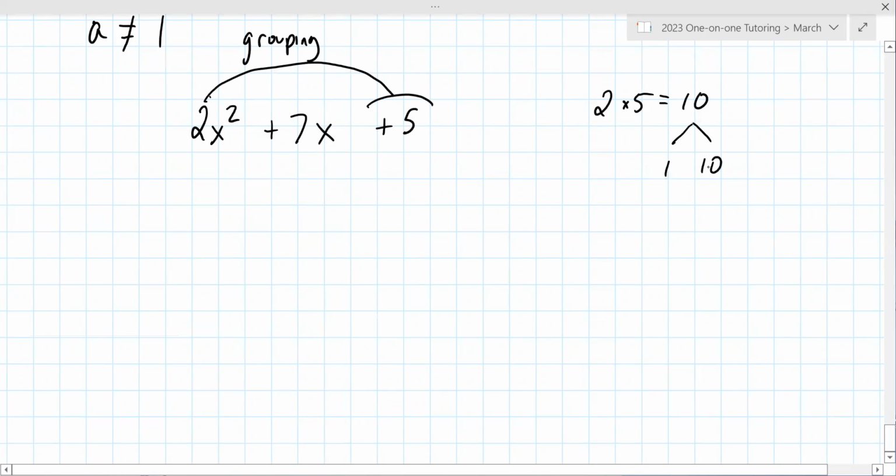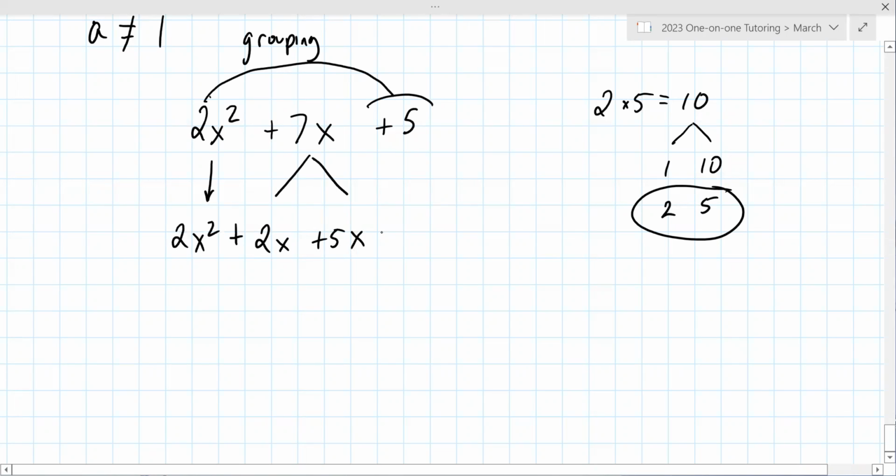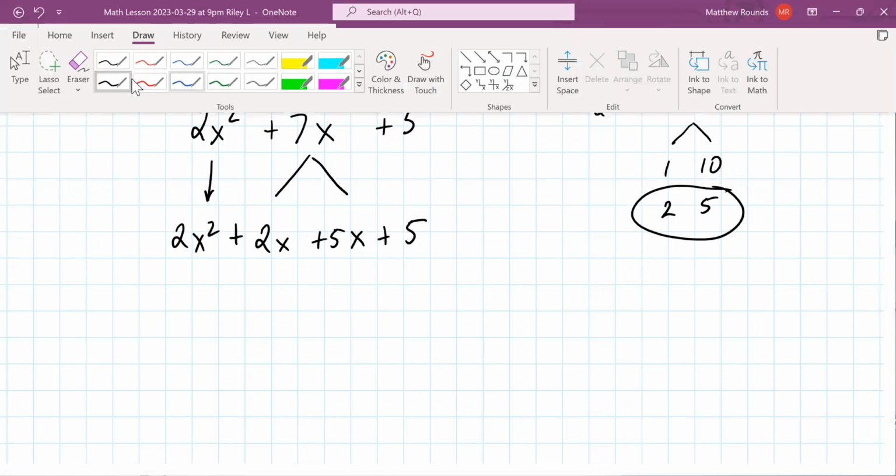So 1 and 10, 2 and 5. Do you see how 2 and 5 add up to 7? So what you do is you break apart this 7x, and we're going to break it apart into 2x plus 5x. Bring the 2x squared down, bring the 5 down, and now we do what's called grouping.